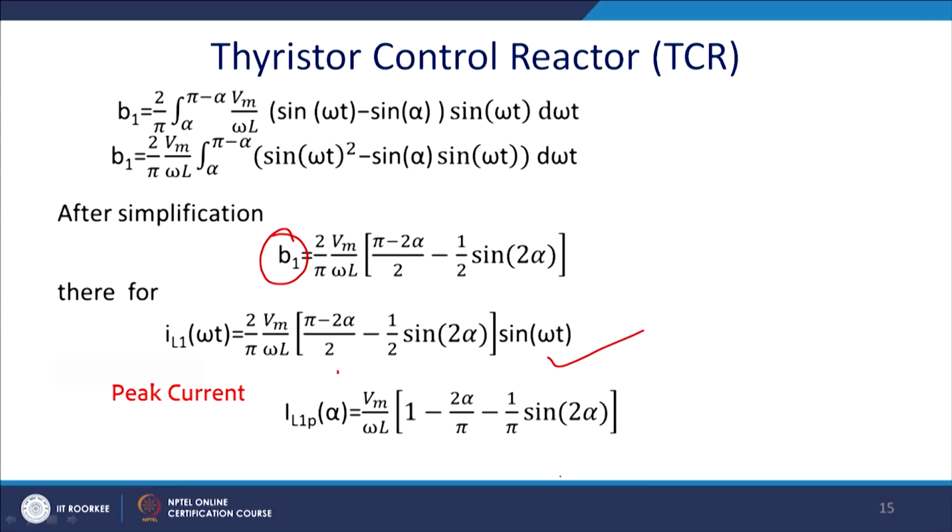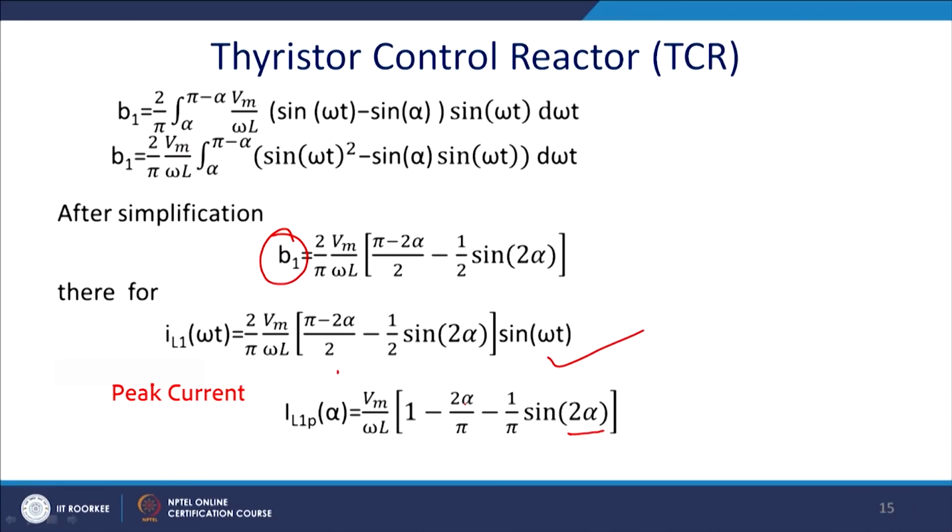So, ultimately what you can see here, what will be the value at 90? Let us substitute 90 here. So, it is 180 degree, and this value is essentially 1.